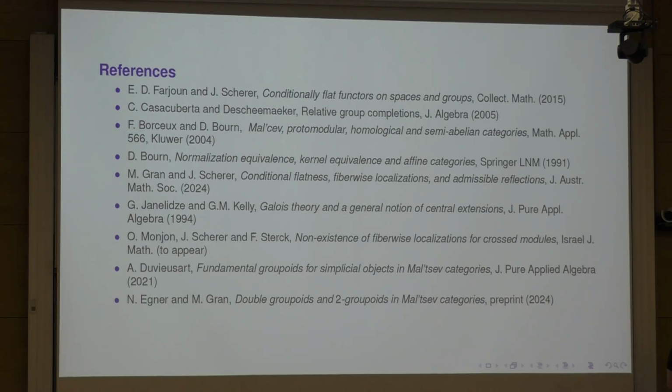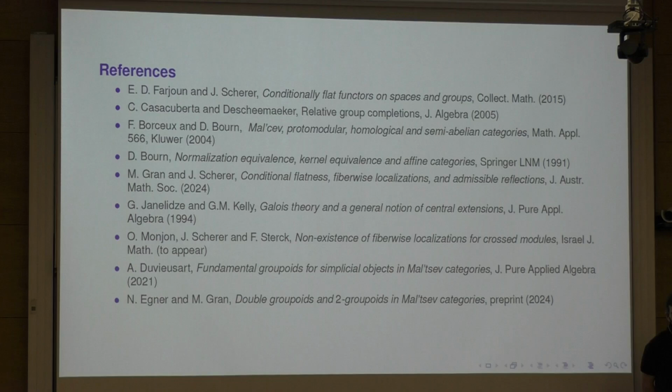So I have a question about this fiberwise functorial localization: is there any connection with localization of the category? Is there any relation between localization of the category and what you are talking about, fiberwise functorial localization? So this notion was used for fibration sequences in topological spaces. Now it's all about inverting maps.